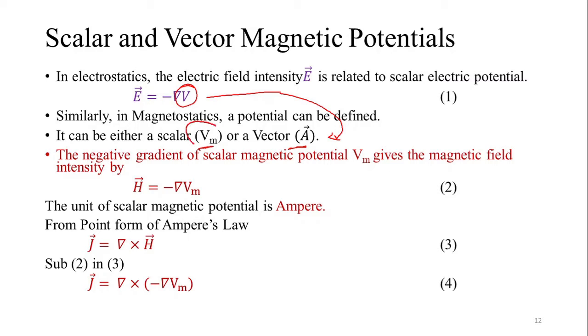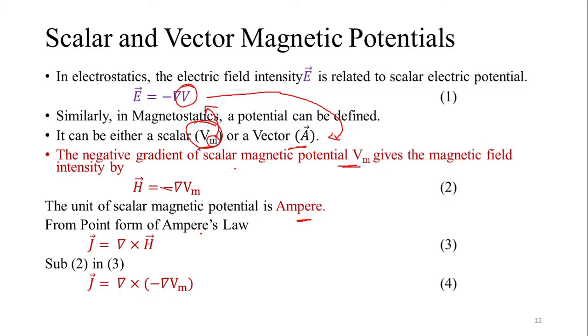The scalar is denoted using V with a subscript m to differentiate it from electric potential, and a vector A. Using the scalar magnetic potential Vm, we can form an equation H vector is equal to minus del Vm. The unit of scalar magnetic potential is amperes, so H vector will be amperes per meter.